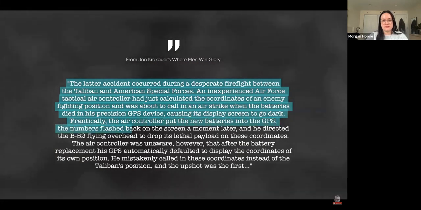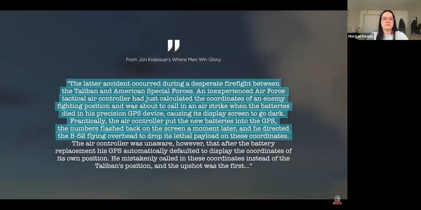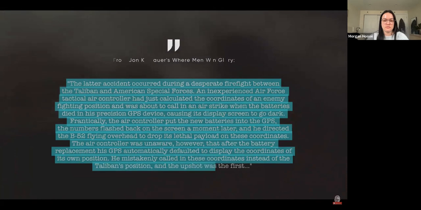The numbers flashed back on the screen a moment later, and he directed the B-52 flying overhead to drop its lethal payload on these coordinates. The air controller was unaware, however, that after a battery replacement, his GPS automatically defaulted to display the coordinates of its own position. He mistakenly called in these coordinates instead of the Taliban's position.